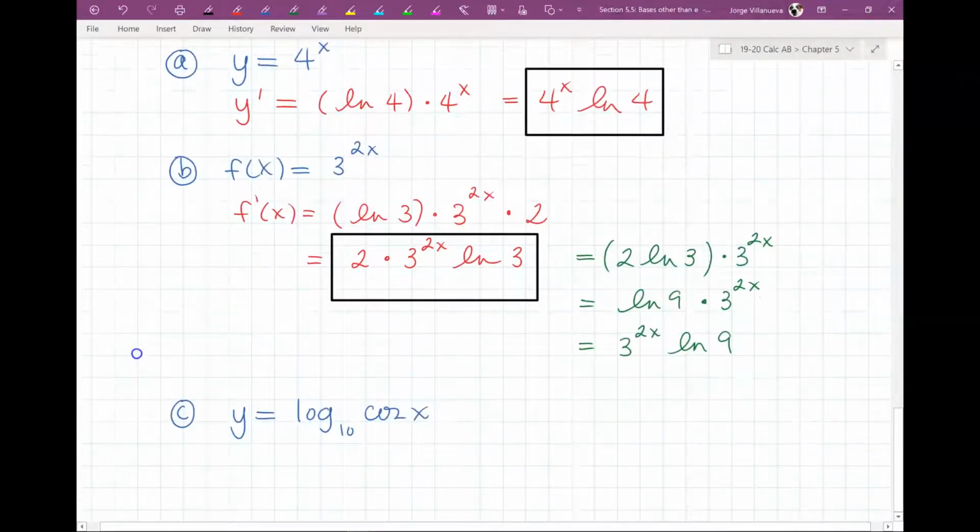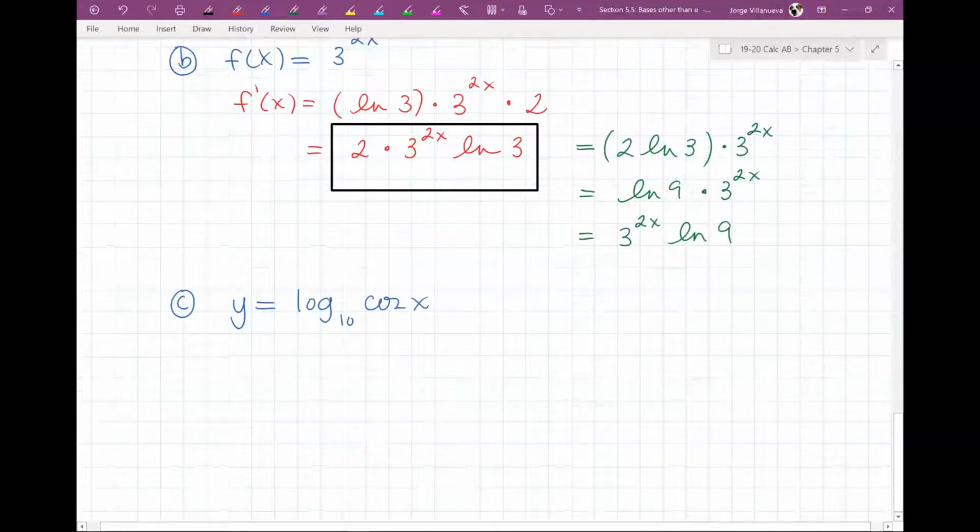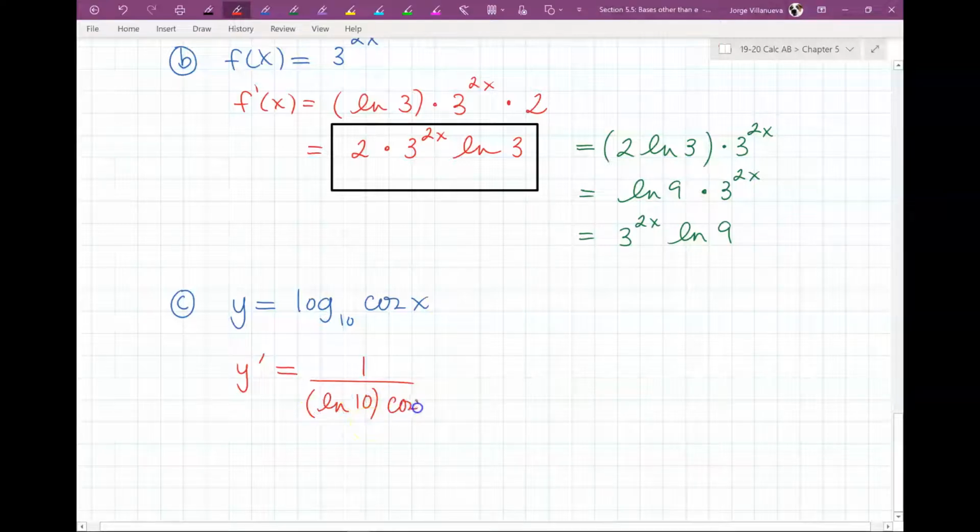So it's 1 over ln of a times u, times u prime, right? So for this, I'm going to write y prime equals 1 over ln of 10 times cosine of x, times the derivative of cosine of x, which would be negative sine of x.